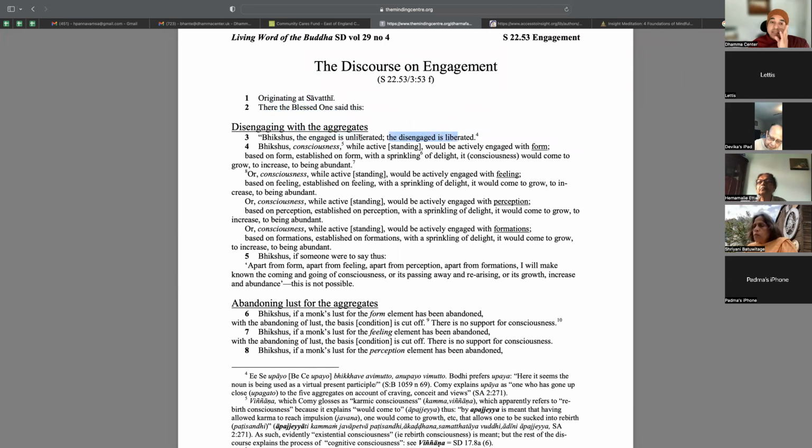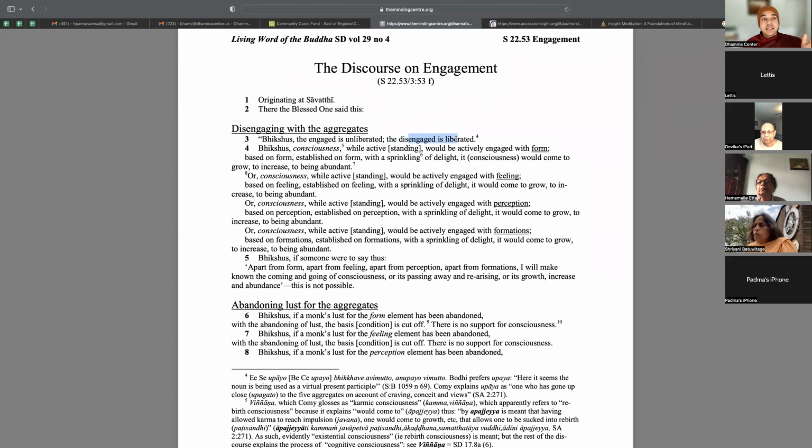Now, we are approaching the sutra today as a meditation guide, not on a sutra basis but on a meditation basis. Engaged is unliberated, disengaged is liberated. A whole talk can be done on this sentence.